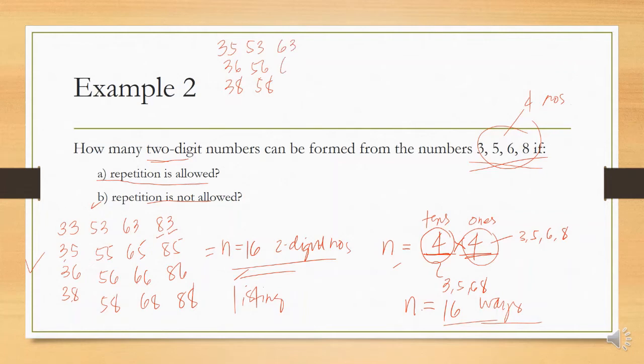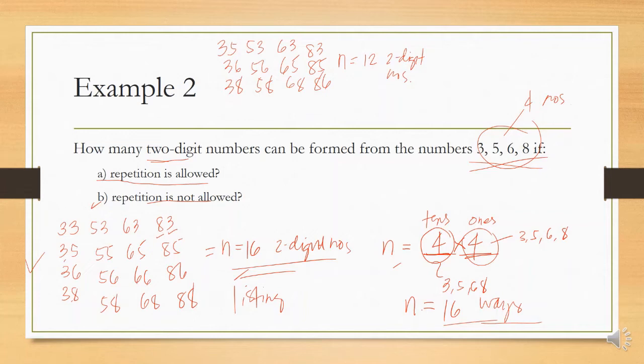Okay? 6, 3, 6, 5, and 6, 8. And then 8, 3, 8, 5, 8, 6. Yan yung possible combinations natin. So, all in all, right now, we only have 12 two-digit numbers.